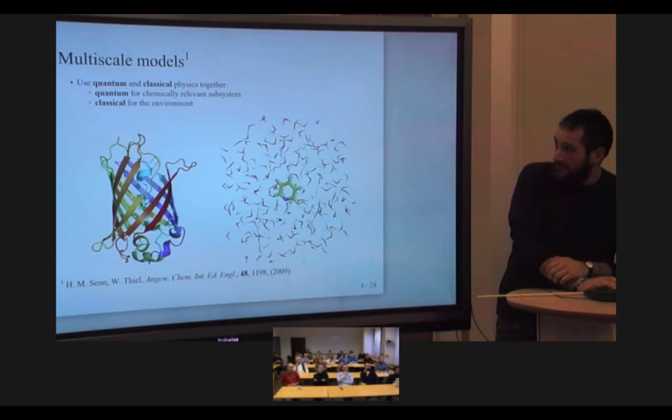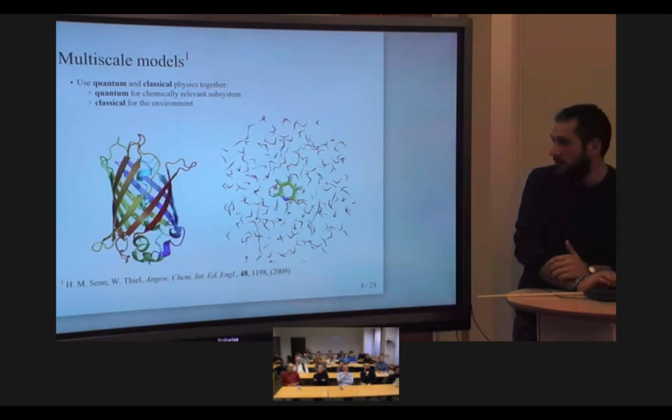the ab initio treatment of these systems is to use multiscale models. Basically, we try to get the best of both worlds, meaning that we describe the chemically relevant part of the system with a QM method, high-level method, can be DFT, coupled cluster, or whatever.